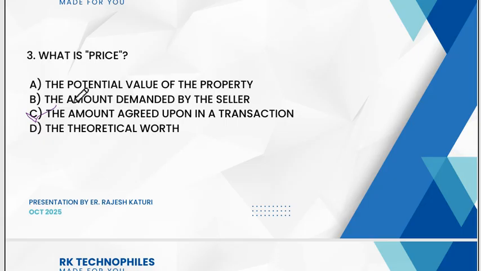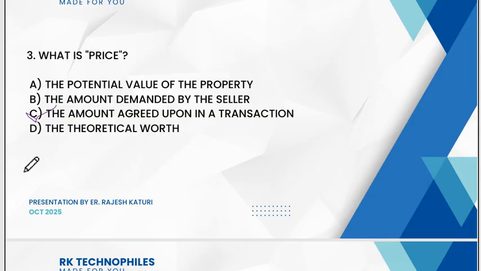So option D is theoretical worth. It's conceptual, may not be reflected in reality. Theoretical means on paper only, not in reality. So it is not correct. The correct option will be the amount agreed upon in a transaction. Questions can be asked like that also: which is not a price in this list?